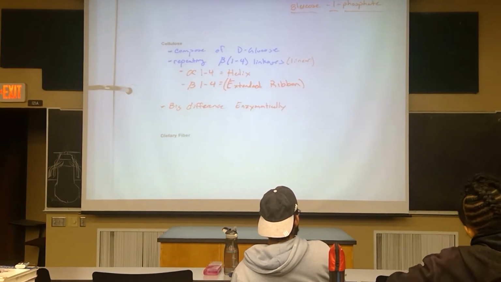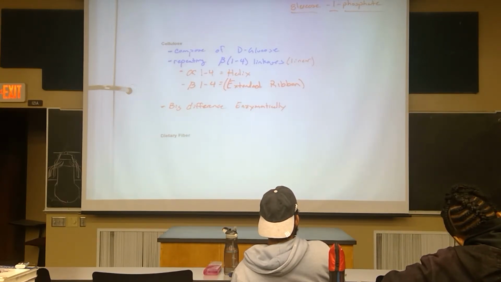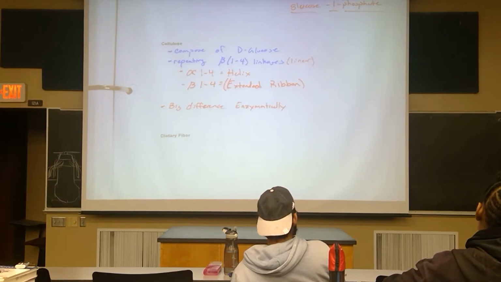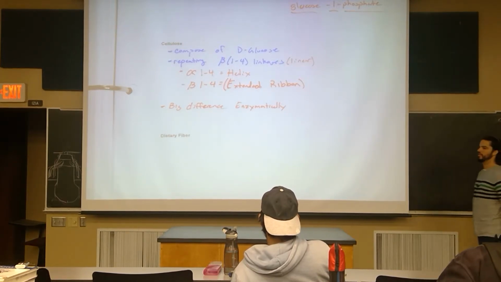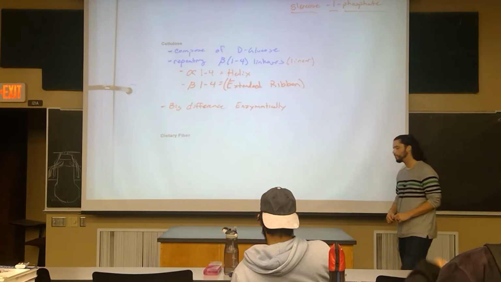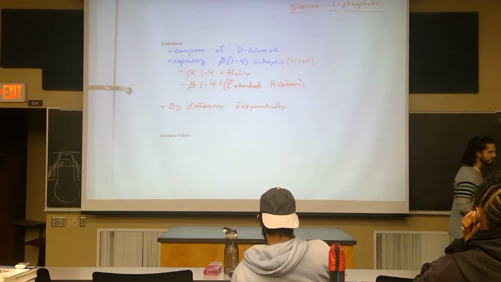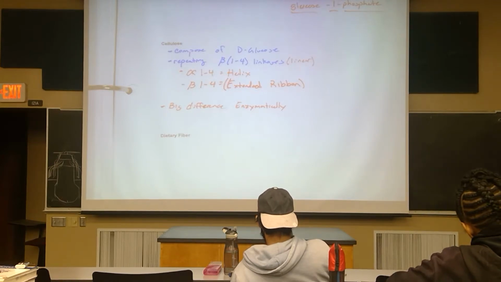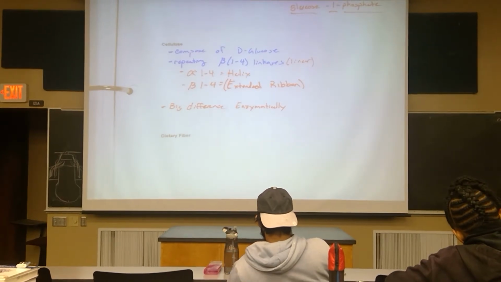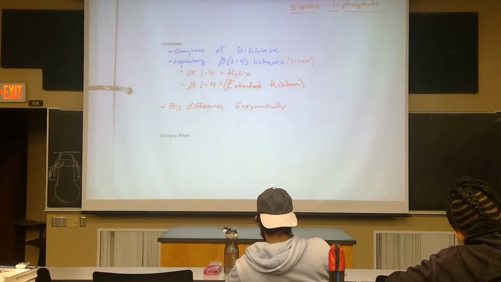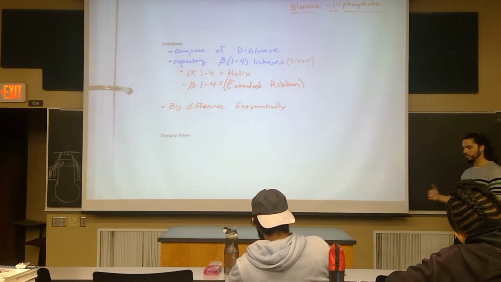It makes a big difference enzymatically. Why? Because a lot of things can break down alpha-1,4 glucose bonds. Not very many things can break down beta-1,4 glucose bonds. We said from day 4, stereochemistry matters. Not only stereochemistry, but structure matters.